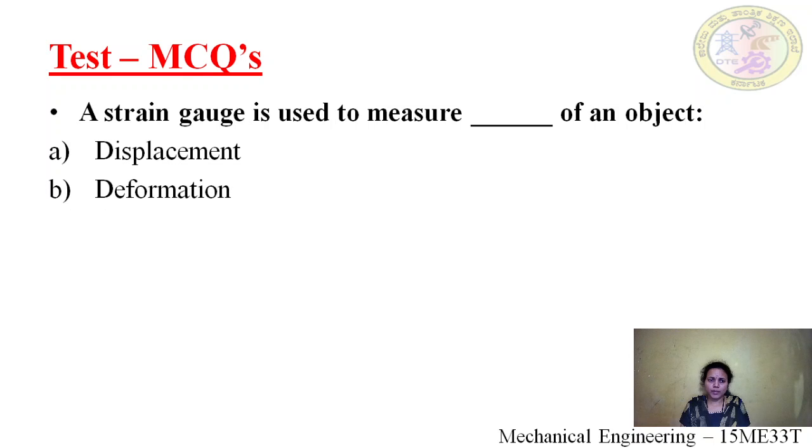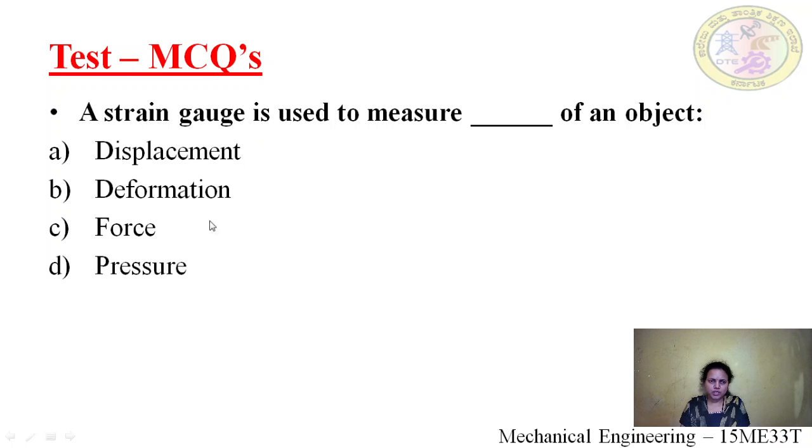Option B, deformation. Option C, force. Option D, pressure. Which among these 4 is the right answer? A strain gauge is one which is used to measure. Is it a displacement?